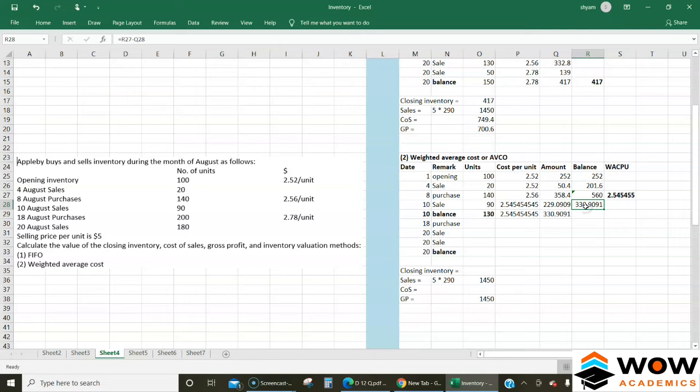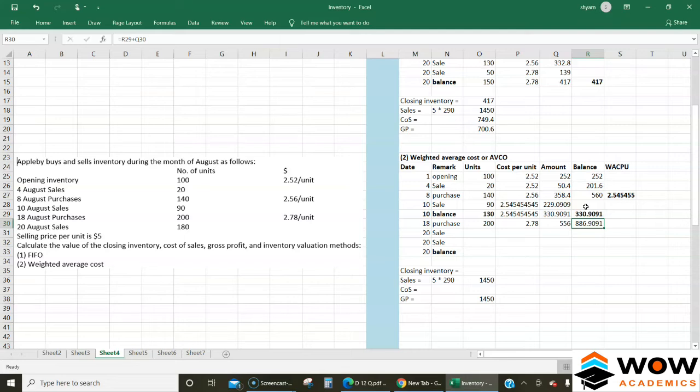So the closing balance is this number. So we will do another purchase. The purchase comes to 200 units. Rate is 2.78. Value is this number. So the total would be the earlier 330 plus what we bought now.